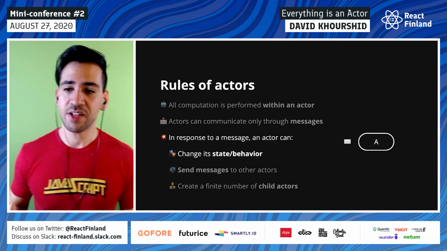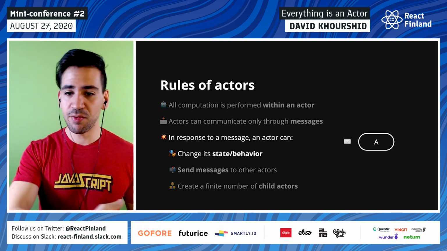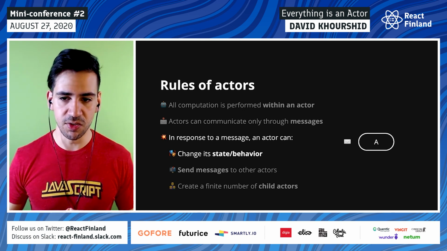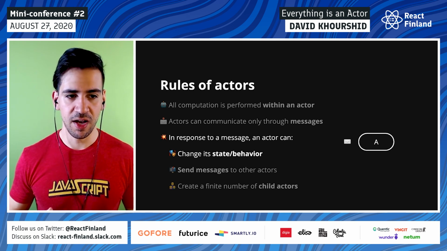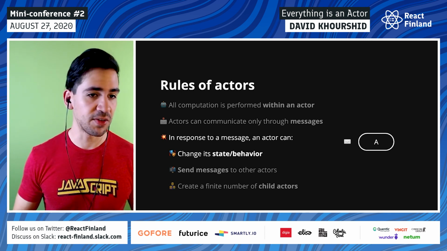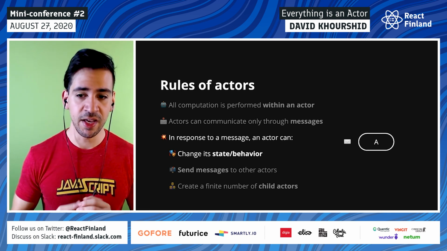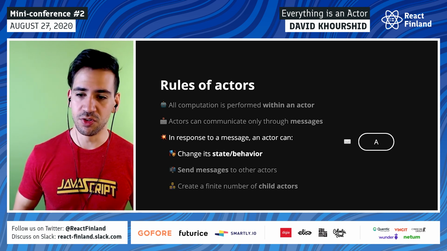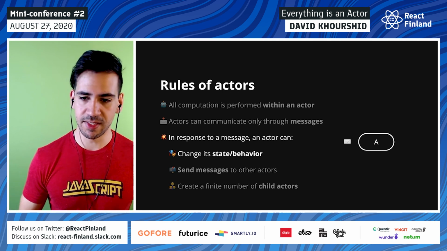So actors are reactive in that they react to incoming messages. And there are three things that an actor can do when it receives a message. First of all, it can change its local state or its behavior. Remember that an actor can have local isolated state, which includes the data and the logic that determines what an actor should do in response to any given message.